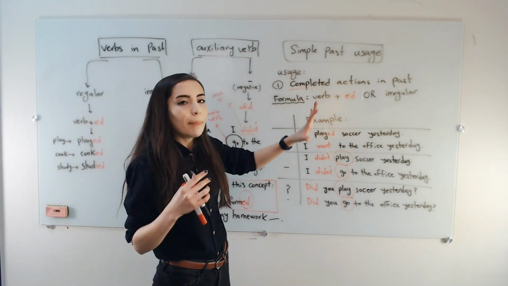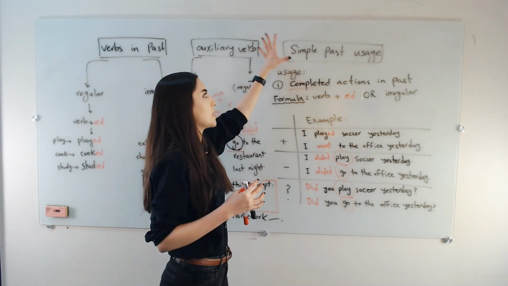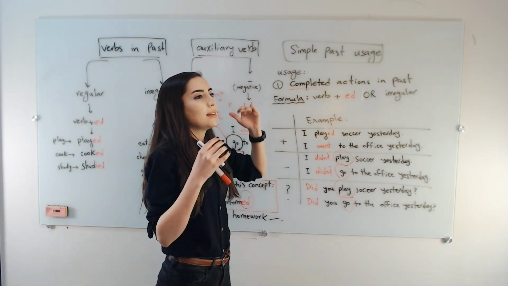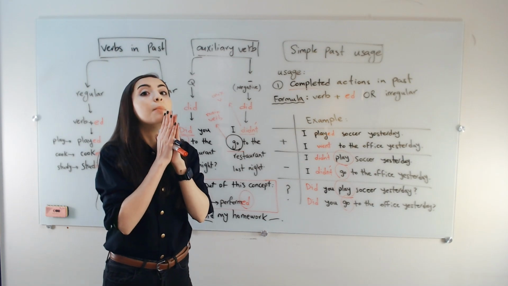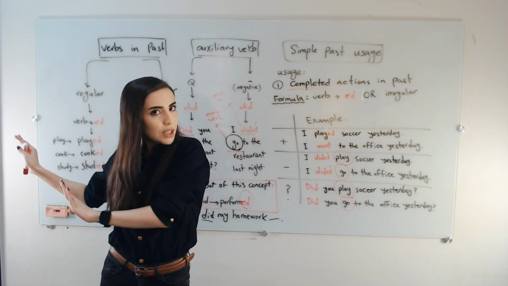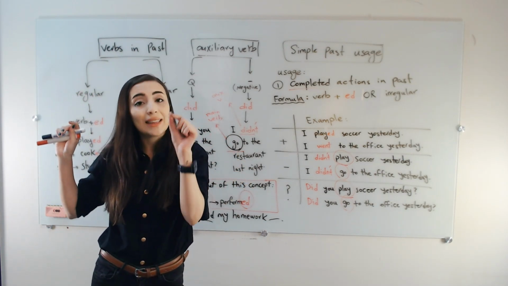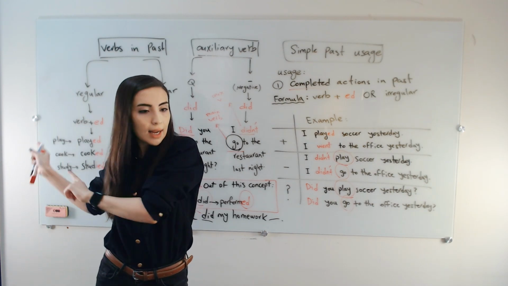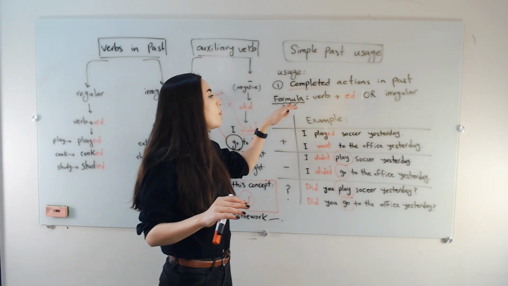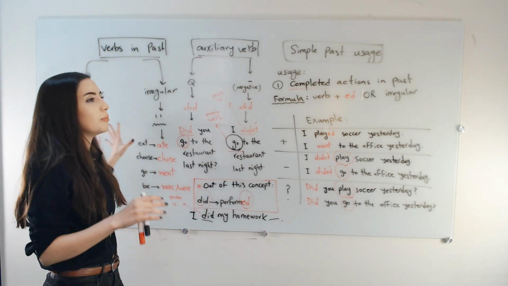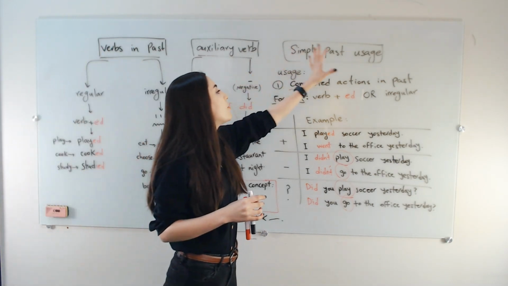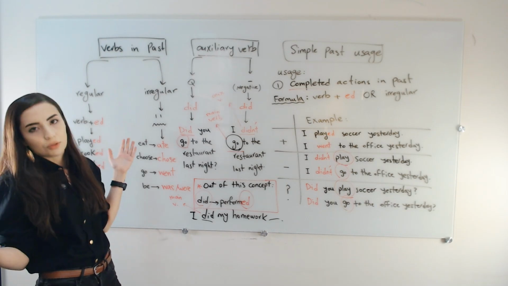The next topic that we covered was the usages of simple past, a condition in which an action was completed in the past. Started and finished at the same point in the past, and that's it. The formula for the regular verb is the verb plus ed, and for irregular verbs, you have to memorize them.